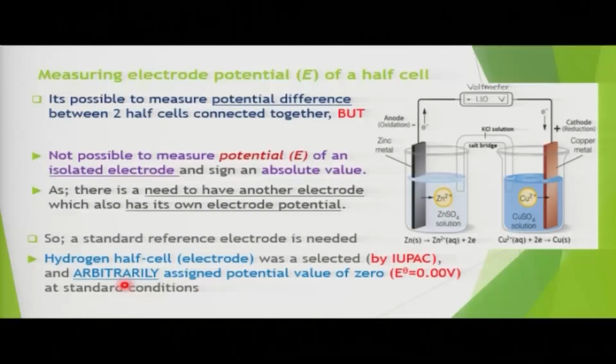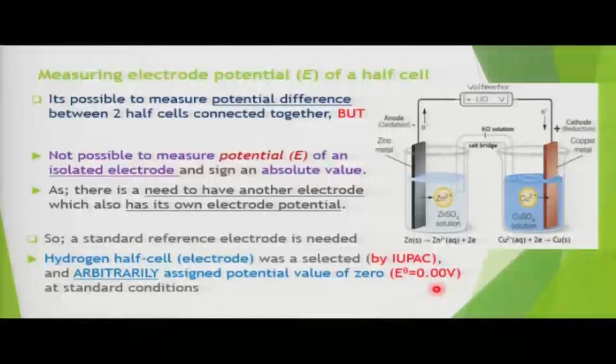This is a crucial word: arbitrarily. Something which we agree and assume and say, let this be. We've agreed to give it this value. It's not that it has a 0 potential. Hydrogen electrode has a certain potential, but this is an agreement according to this union. And the reason is simply to create a reference electrode from which other half cells can be compared to.